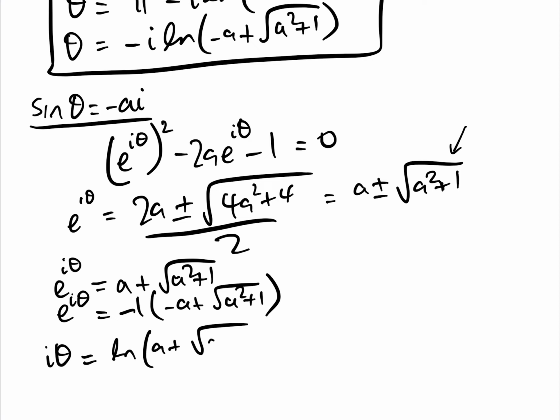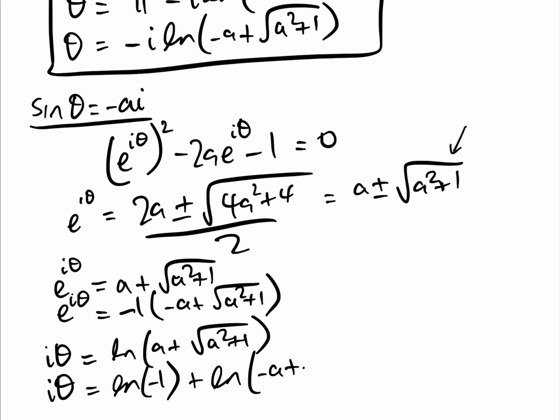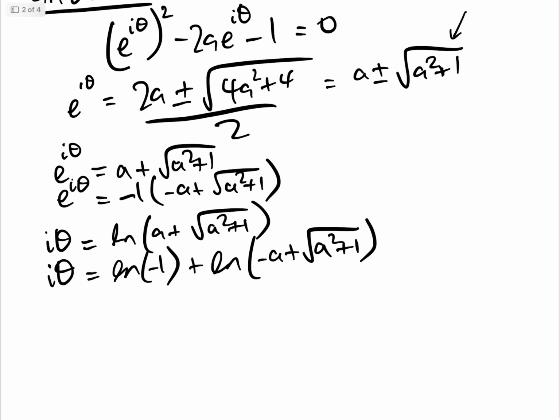And therefore from these two we get that iθ equals log of a add root a squared add 1, or iθ equals log of minus 1 add log of minus a add root a squared plus 1.